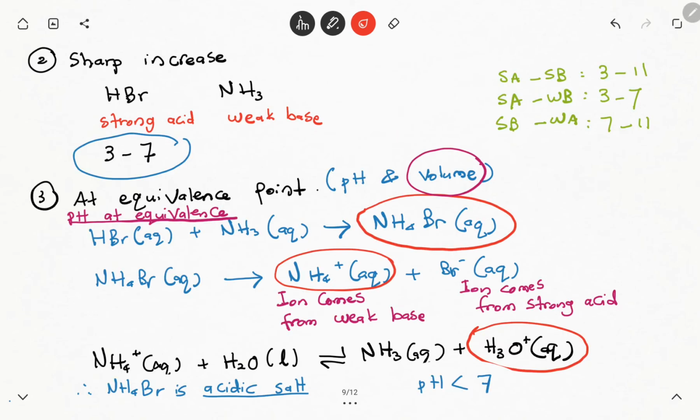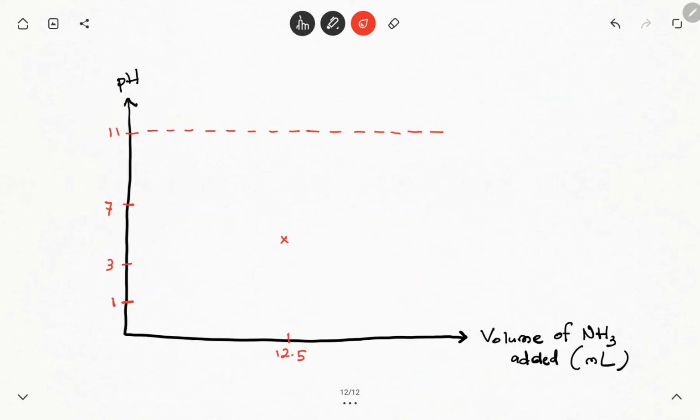Since the pH at equivalence is less than 7, we can put the pH when 12.5 milliliter of NH3 is added somewhere below pH 7, in between the sharp increase, which is 3 to 7. Then draw the straight line from pH 3 to 7 for the sharp increase.